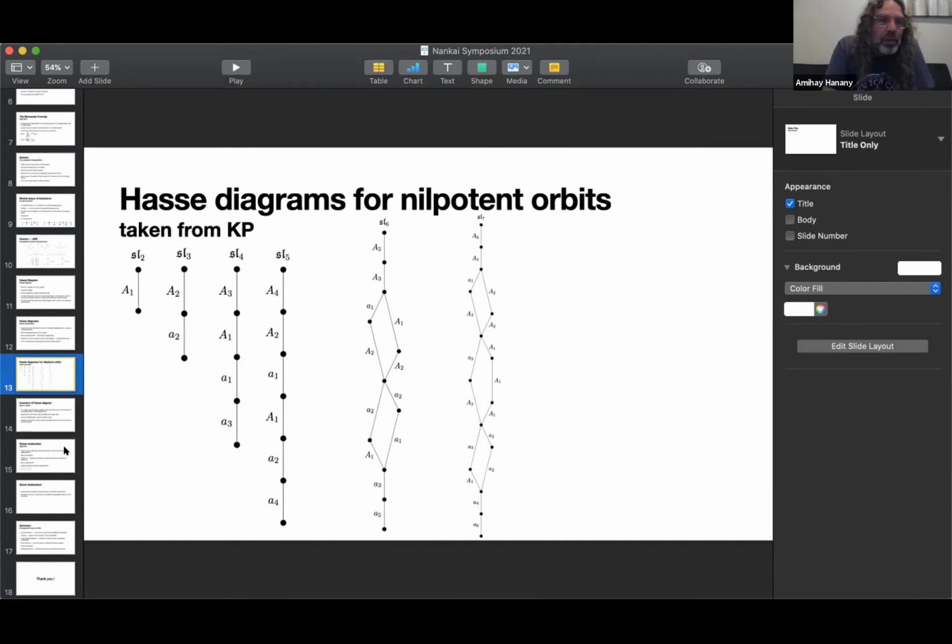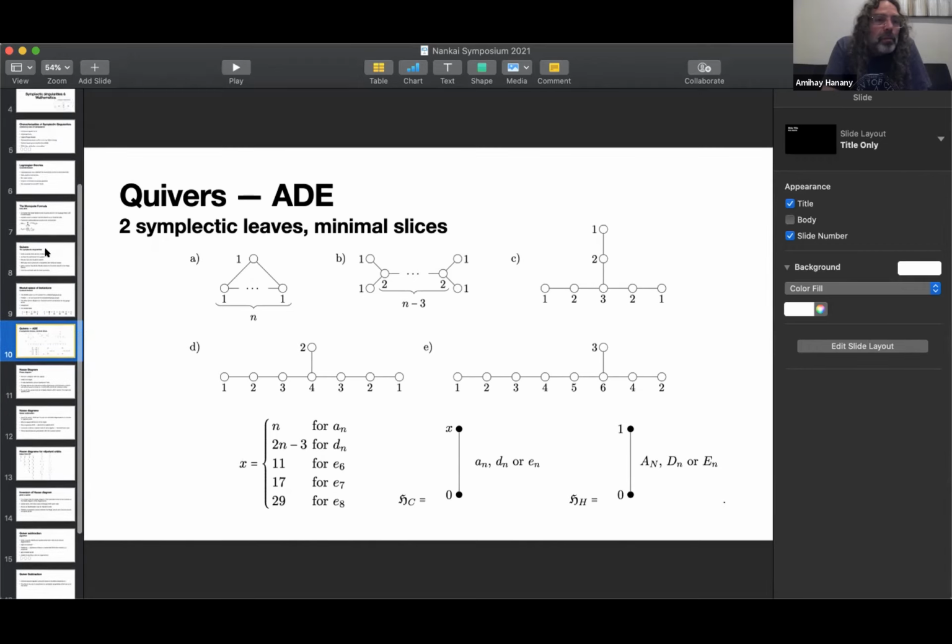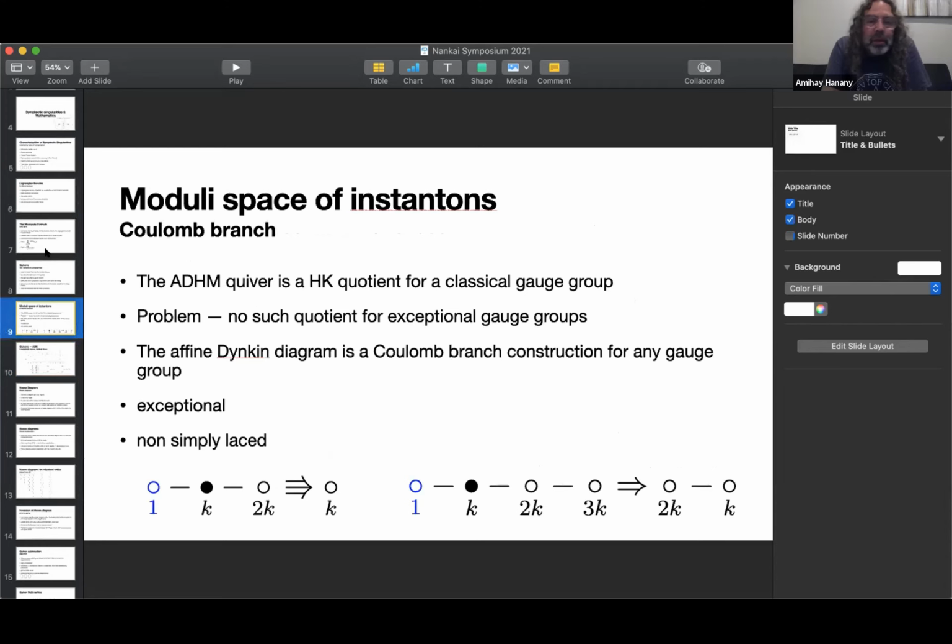It sends us to the basics. So let's take a look at some simple quivers like here, or maybe even more complicated quivers like these guys.